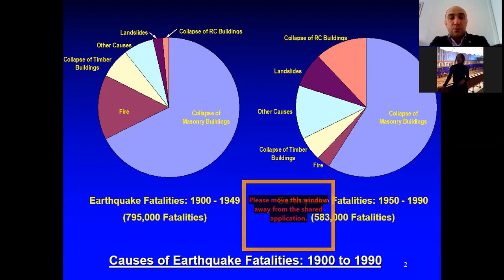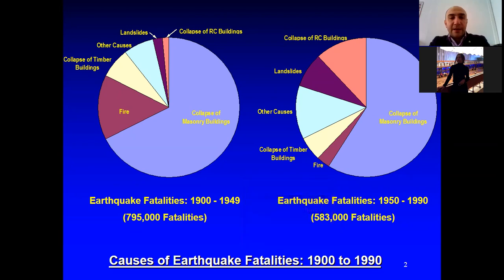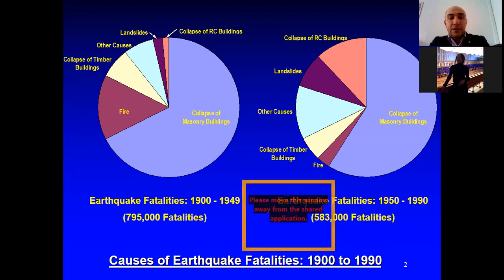So if we talk about steel structures, steel structures actually have historically performed well in earthquakes, and a little loss of life can be attributed to the collapse of the steel buildings in earthquakes.